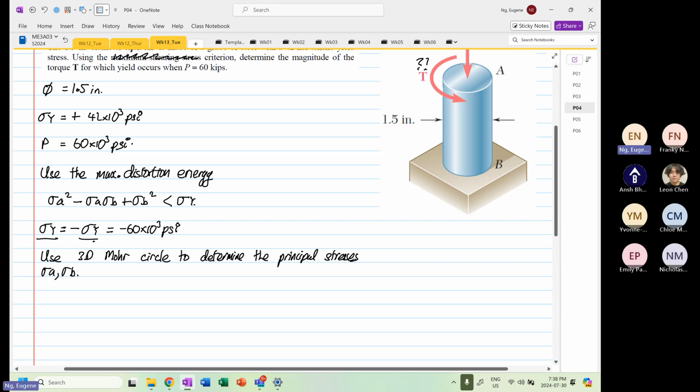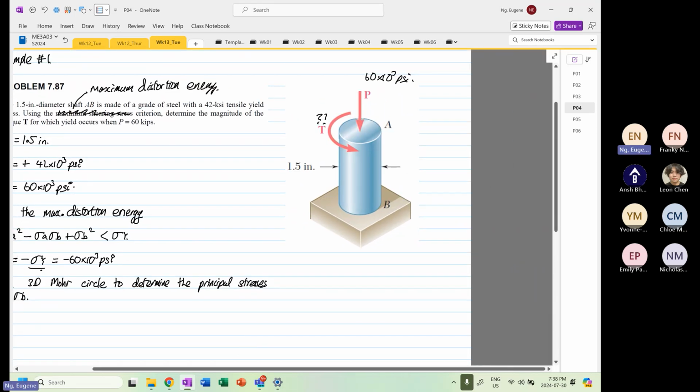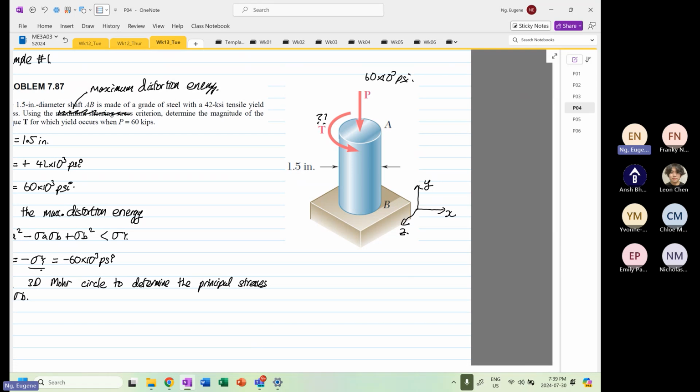Now I'm going to draw our transformation. I'm going to call this our X, Y, and Z. And we're going to look at which element to analyze.